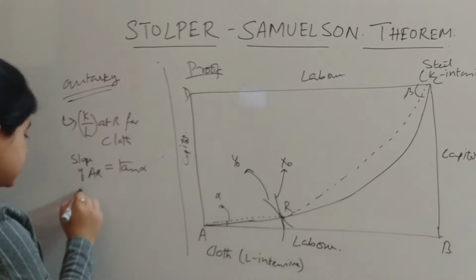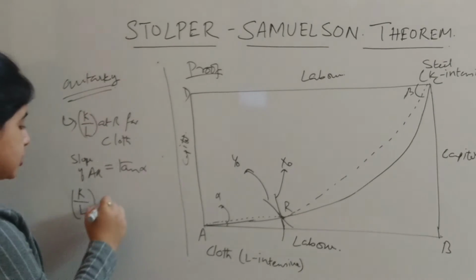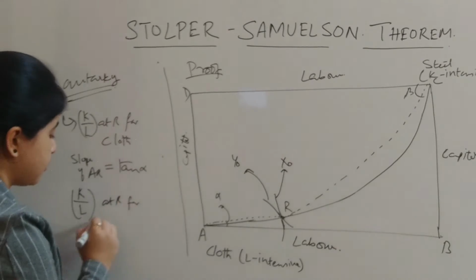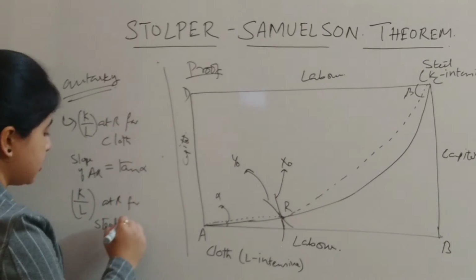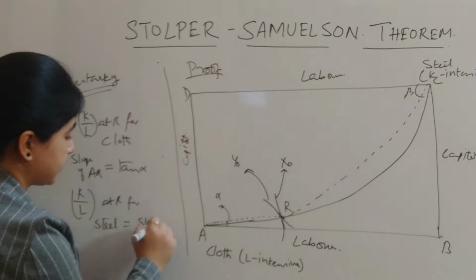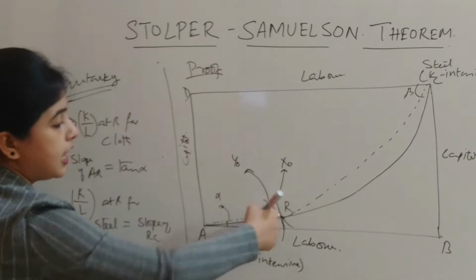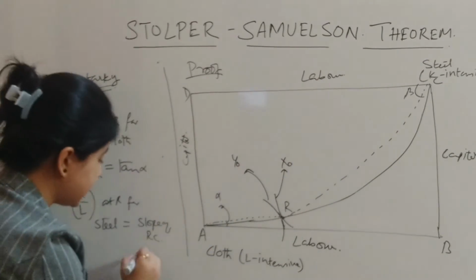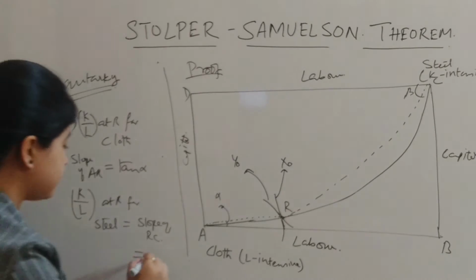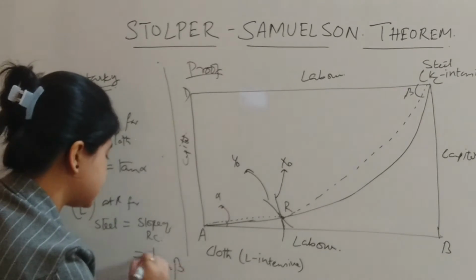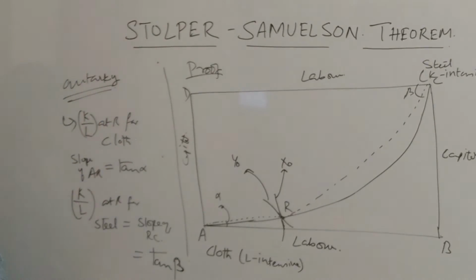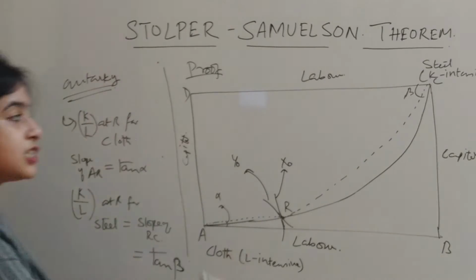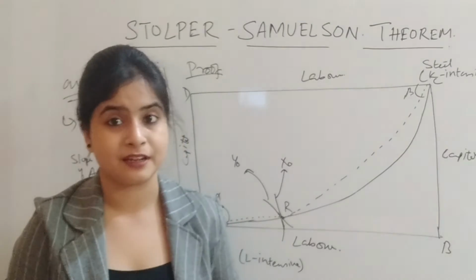So similarly, the capital labor ratio at R for steel is the slope of RC, and that is given by tan beta. Now, this is the condition before trade.